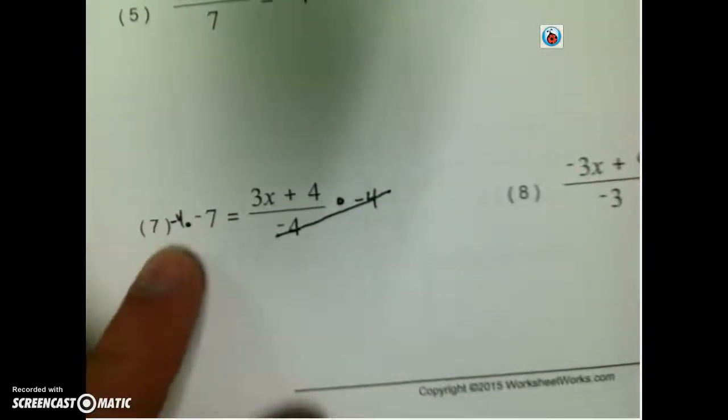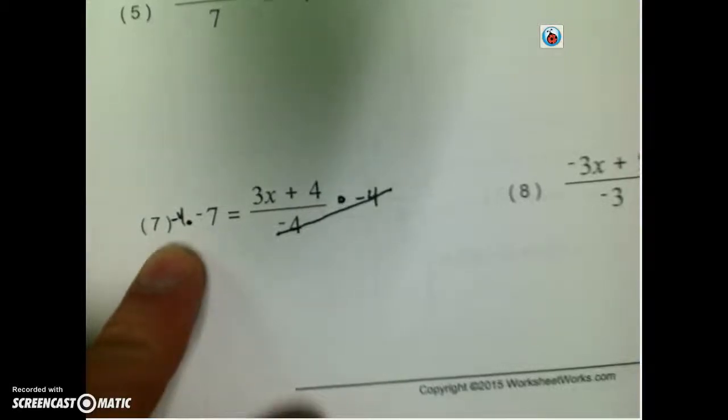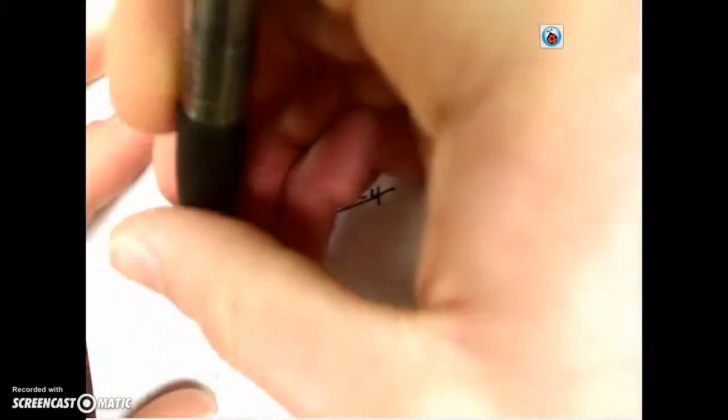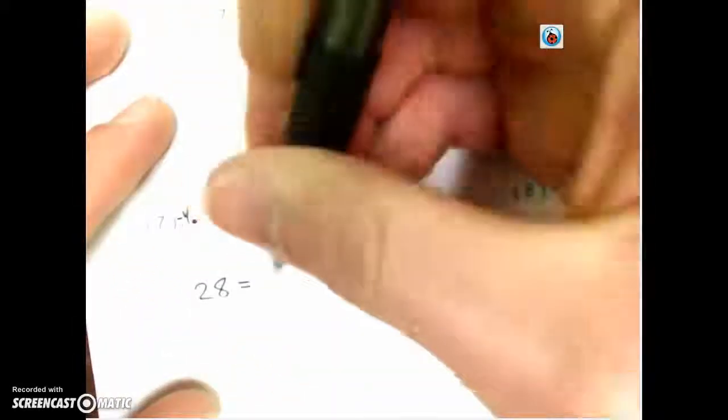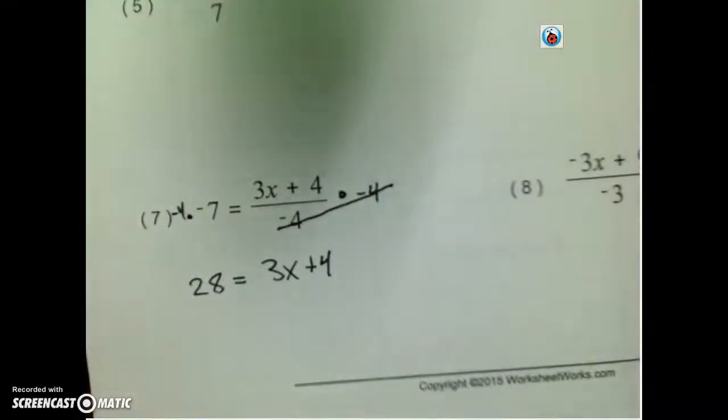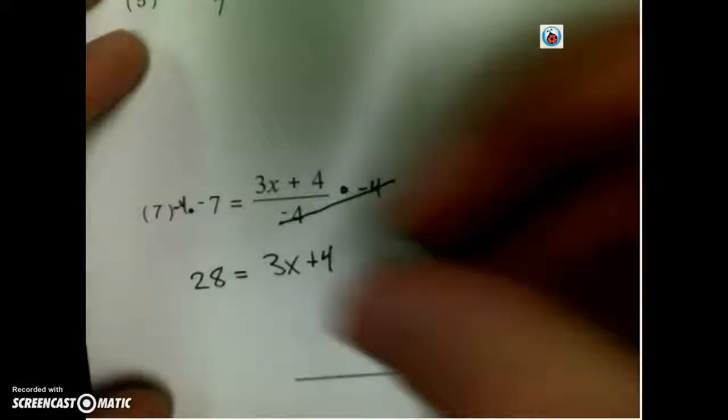And then on this side, I still also need to multiply by the negative 4 because what we do to one side, we must also do to the other. All right, and this is what we'll have left over. So once we clear our fraction, all we have left is a two-step equation. So I'll take care of my addition and subtraction first, and then I'll take care of my division.